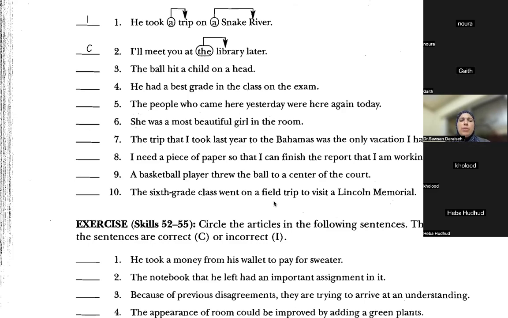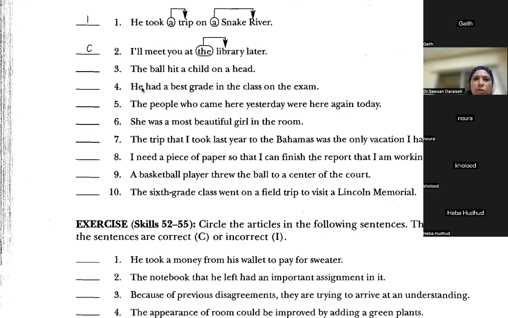Well, I want to tell you something. I would say both are fine. I wanted to also add this. Do you know why? Because sometimes both could be used, but they have different meanings. Remember, sometimes you can say things, but they have different meanings. We say a basketball player threw the ball. Now, a basketball player here looks like this example that we did before, which is the child and the head. Yes, a child.